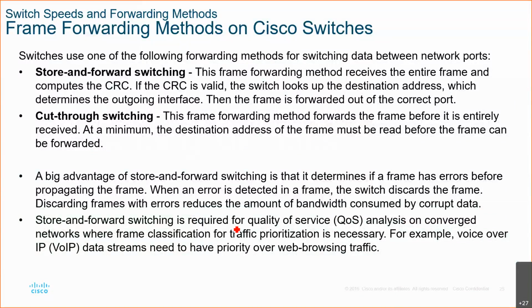In store and forward, it will receive the entire frame and then forward it. It has the option to ensure that everything in the frame is okay, the CRC, cyclic redundancy checks and all that. If there's any issue, it will fix it. Once it has made sure the frame is perfect, then it forwards it. That's store and forward switching.